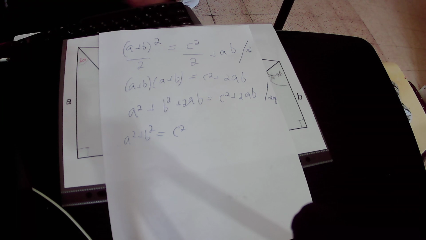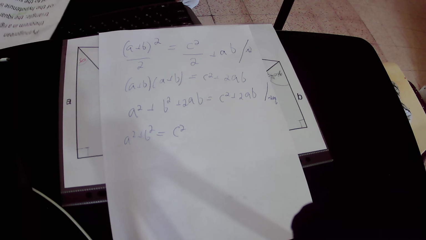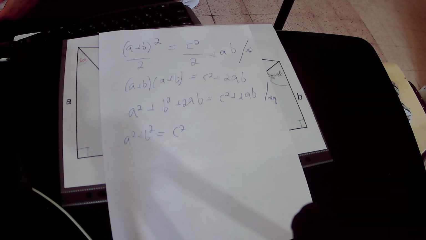And this is exactly the Pythagorean theorem, which says that the square of the hypotenuse is equal to the sum of the squares of the perpendiculars.